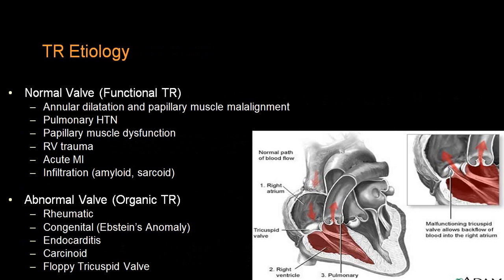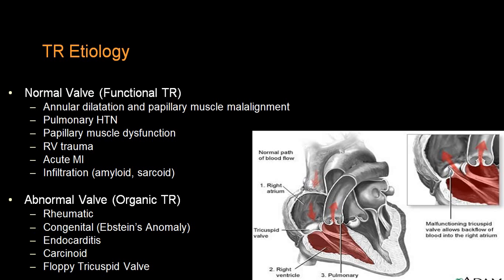We have already mentioned to you, functional tricuspid regurgitation is usually because of dilatation of the RV. Once in a while, it can be due to even acute MI, which produces papillary muscle rupture or papillary muscle dysfunction, dilated cardiomyopathy.